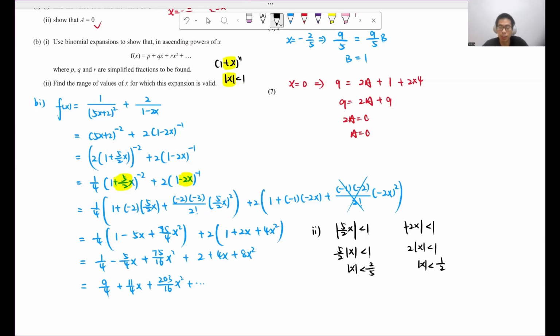So we need to pick the smallest one. And clearly 2/5 is smaller than 1/2, so this will be the actual answer. So the range of values of x for which the expansion is valid is just modulus x less than 2/5. That will be the final answer to this question.